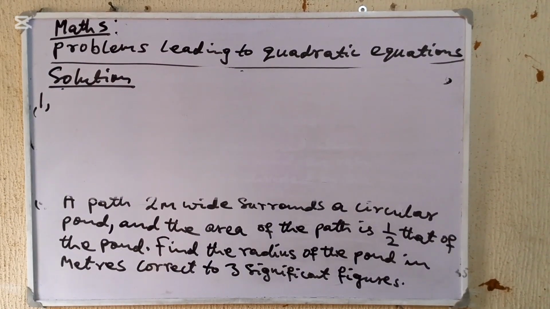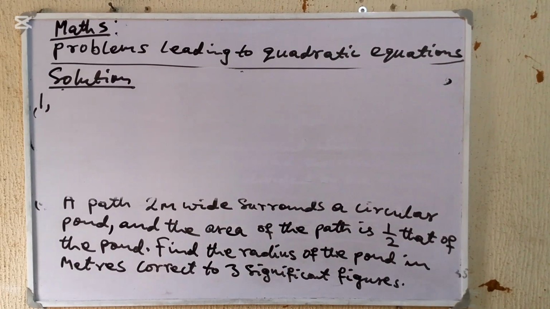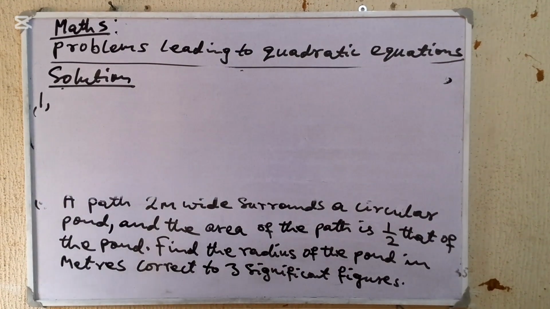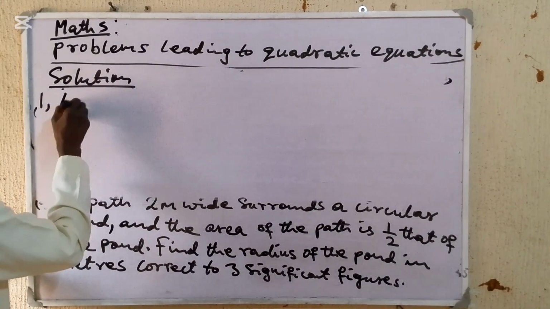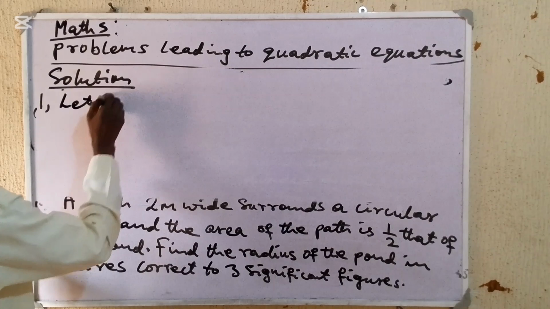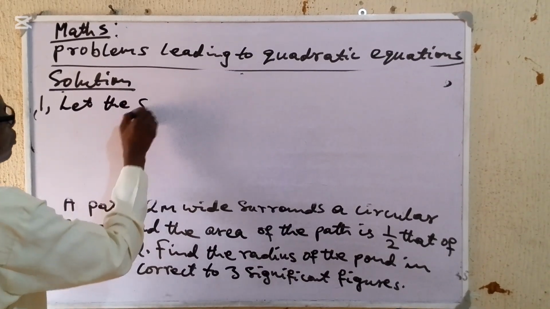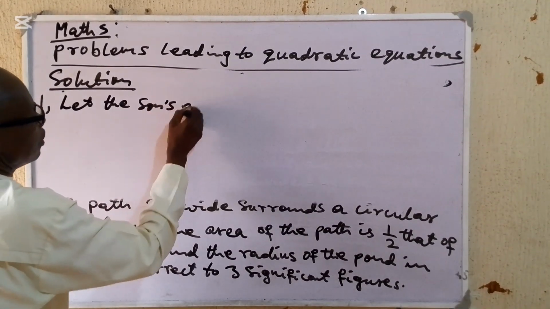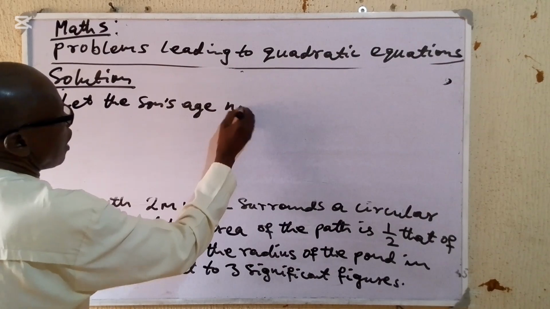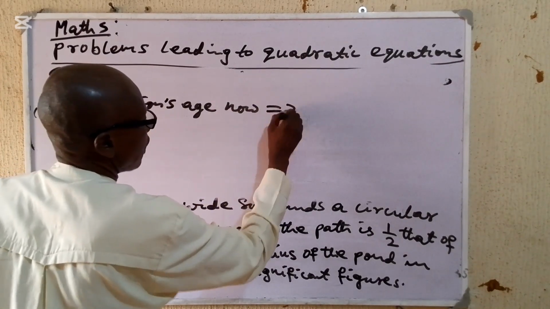Number 1 says that a man is now 4 times as old as the son and 8 years ago. So let us use a letter to represent the present age of the son. Let the son's age now equal x.